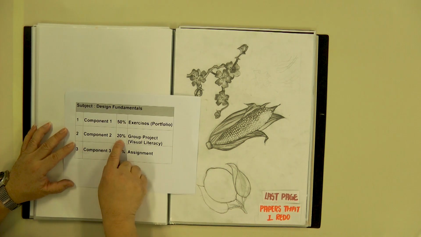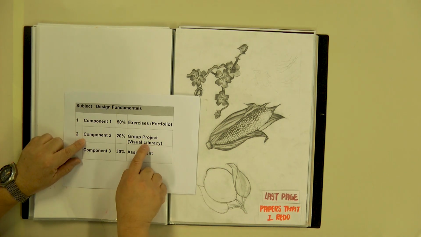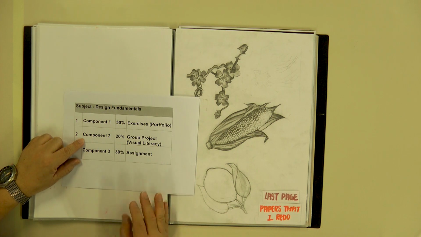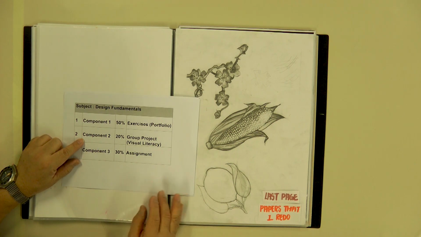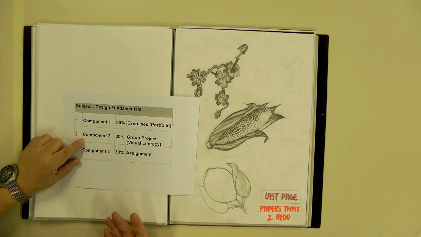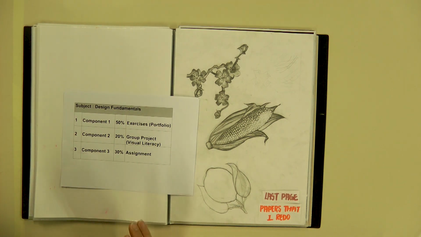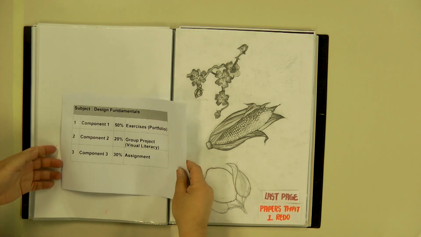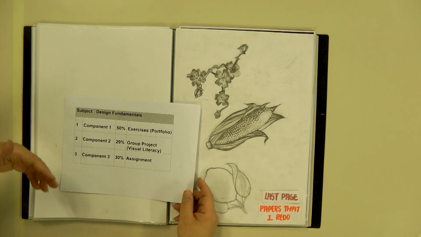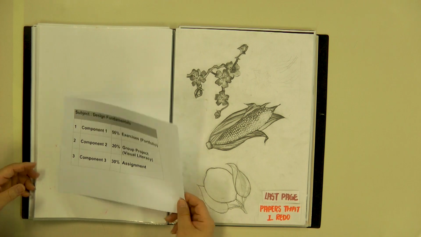Yep. Component 2, we will not talk about it because this is a project where you go online with your friend to the museum and look at artwork and report on it. That one, we have given you an example, so we won't show it here. Okay. In the next video, I will talk a little bit more about the assignment. Yep.